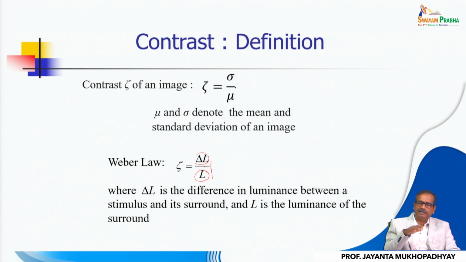If the level is very high, then you require a large change to get a perceptible change in this particular factor, say brightness value. If the background intensity is very dark, even a small noise or small change will be perceptible. But if it is very bright, very white, the small noise is not perceptible. This kind of phenomenon is captured in Weber's law.